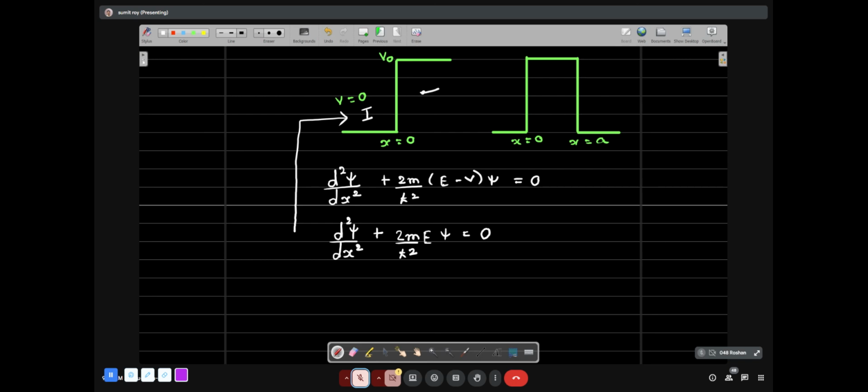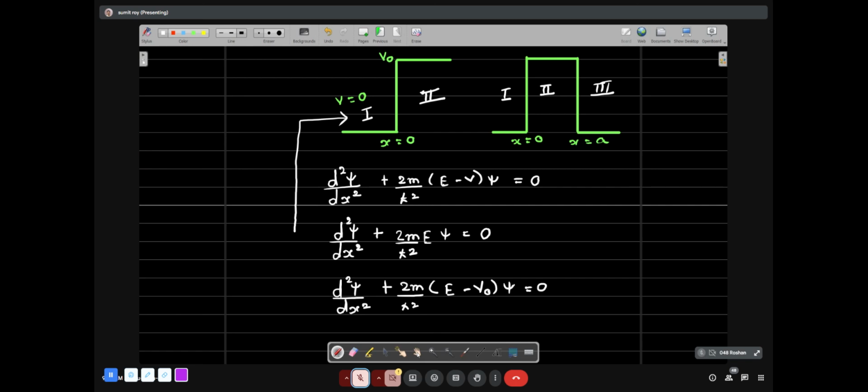What about the Schrodinger equation here? d2 psi by dx square plus 2m by h cut square (E minus V naught) psi equals to 0. Similarly, we wrote the Schrodinger equation for this potential barrier also. I hope you can correlate now.